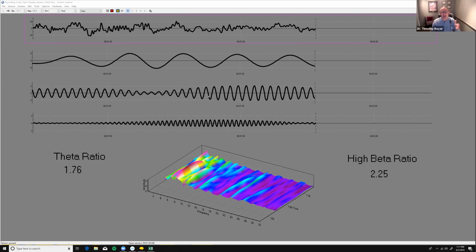It's always going to cycle 16 cycles a second, but at that moment in time, in this case, the 16 hertz is dominant versus maybe a half a second earlier where it wasn't very dominant. You can also see that here in the high beta one, which is at 30 hertz. It's cycling 30 cycles, but the first half of the second, there's not a lot going on in it.